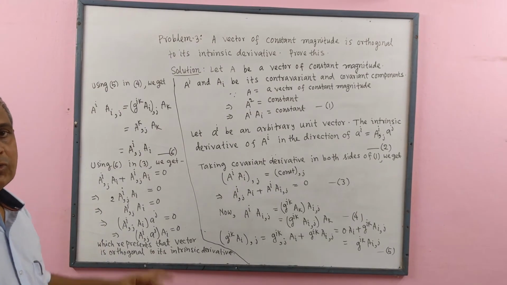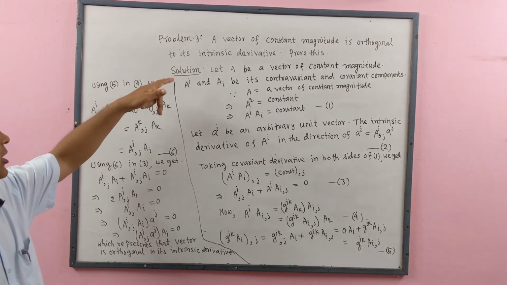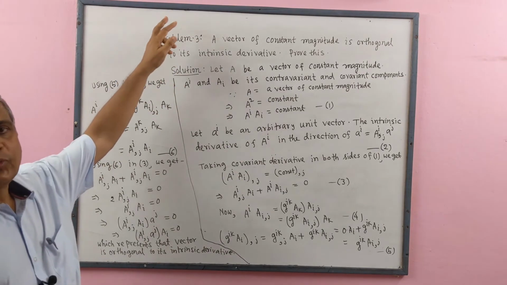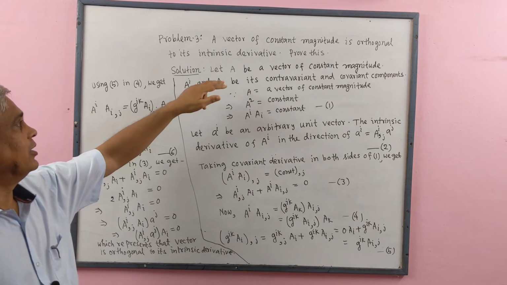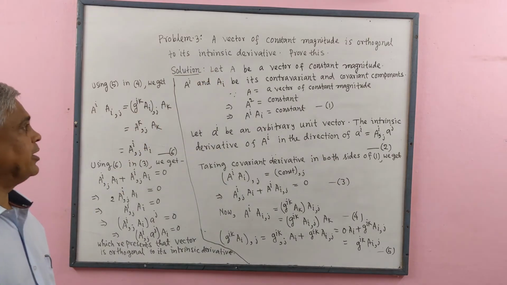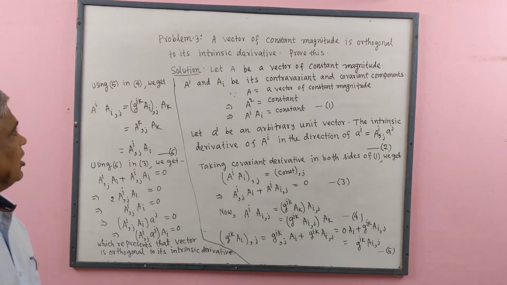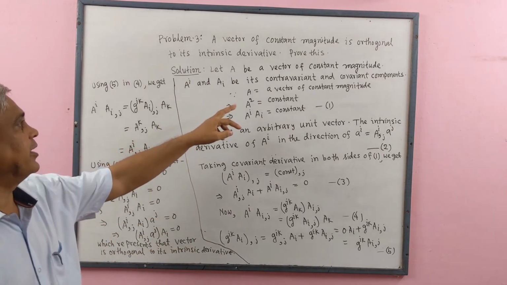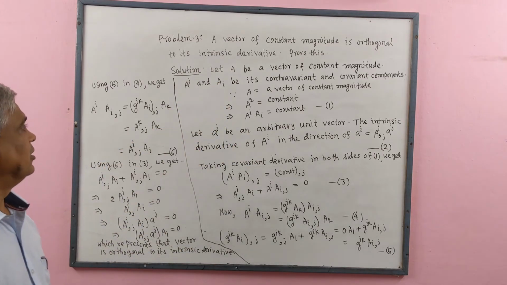Now we solve problem number 3. Problem number 3: a vector of constant magnitude is orthogonal to its intrinsic derivative. Prove this.